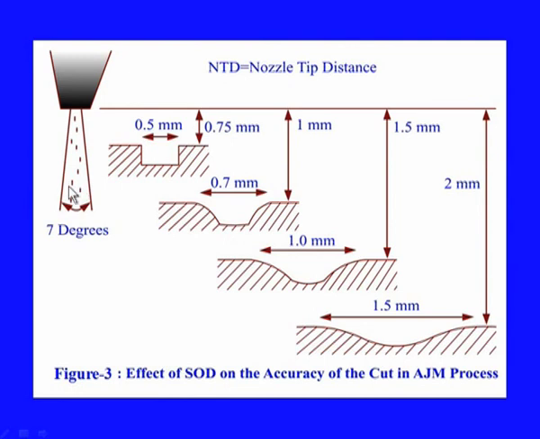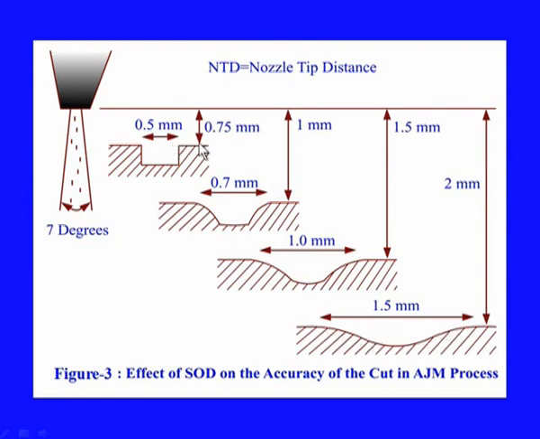Here it is shown with 7 degrees divergence. As we go on increasing this distance from the nozzle tip to the workpiece surface, this divergent stream will cover more area and therefore the cutting efficiency will come down.